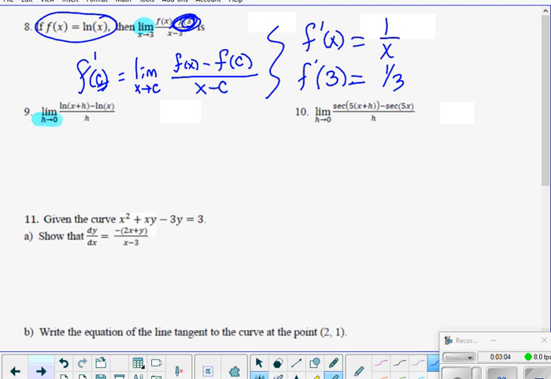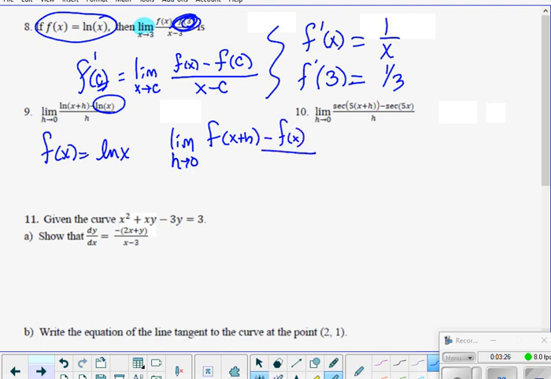Limit as h goes to 0. Okay, that's going to drive the denominator to 0. What is my function? Well, the function is natural log x. And I know that because I know the pattern used in this particular layout is f of x plus h minus f of x over h.